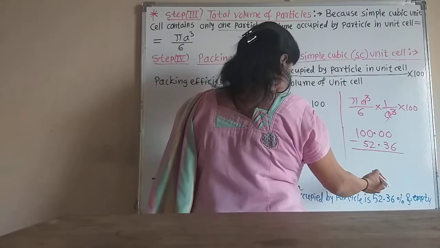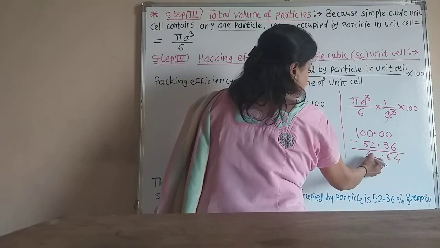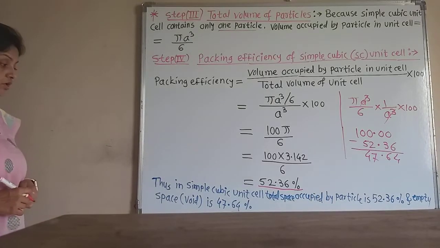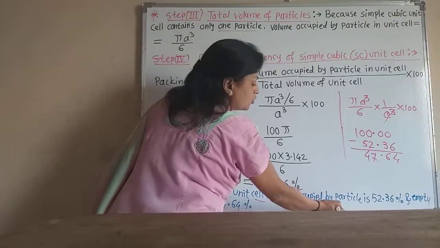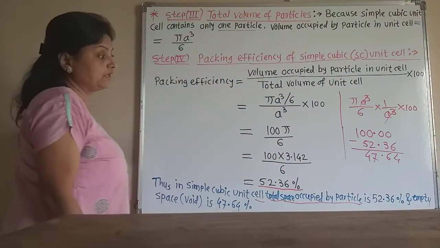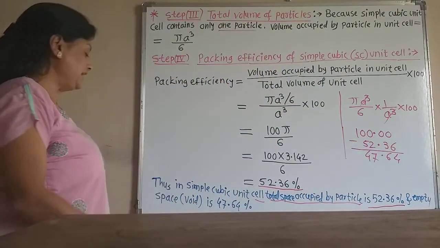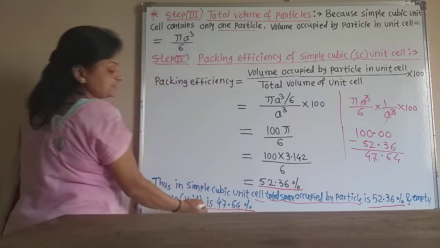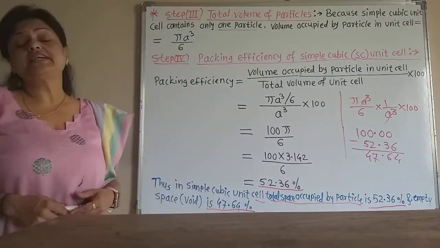So this is nearly equal to 47.64. So in the simple cubic unit cell, the total space occupied by the particles is 52.36% and the empty space, that is the void, is 47.64%. Now nearly half of it is voids.